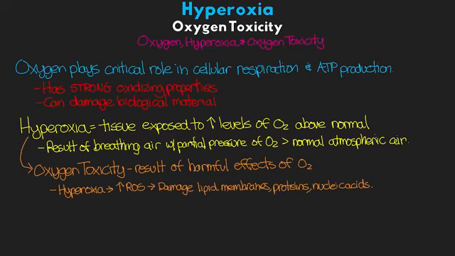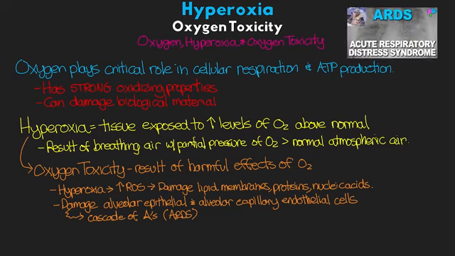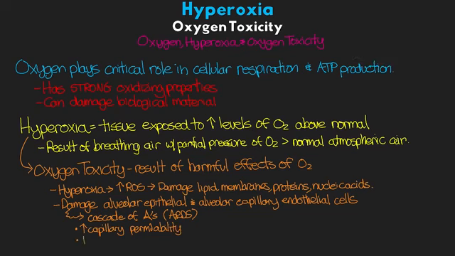I am going to discuss some of the pathophysiology in a minute, but the accumulation of changes from hyperoxia can lead to damage of alveolar epithelial, as well as alveolar capillary endothelial cells. This damage can lead to a cascade of changes, such as the ones that I discussed in our first lesson on ARDS, and this includes increased capillary permeability and damage to the surfactant-producing type 2 cells.